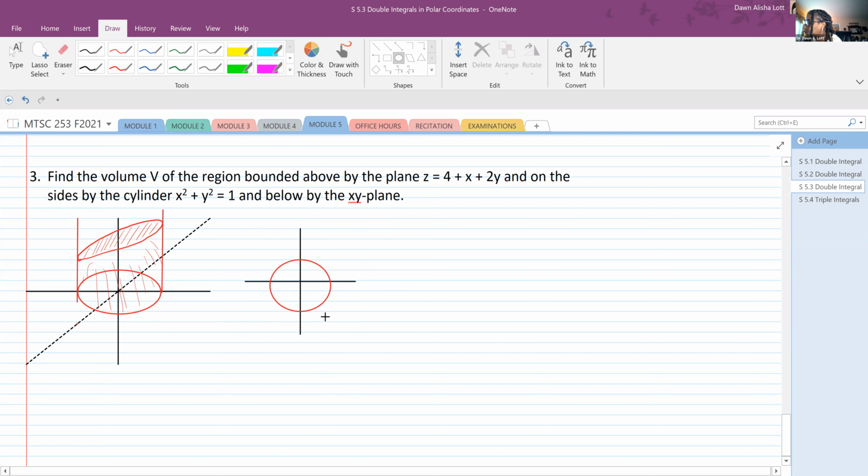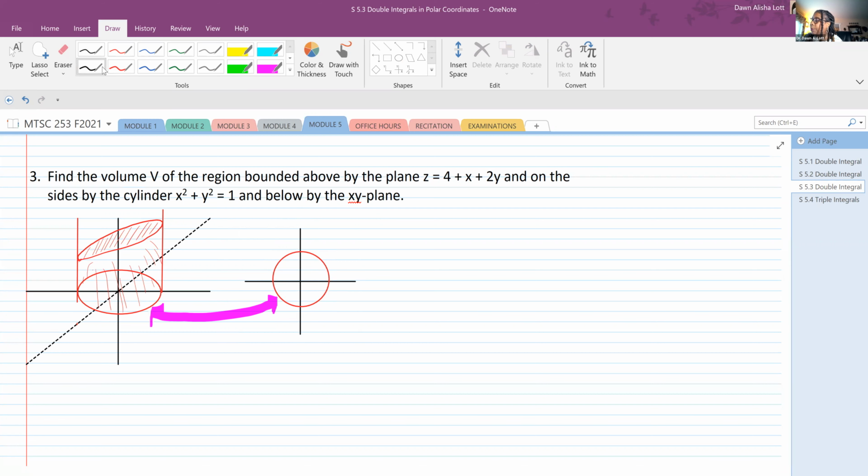I'm being bounded by this circle. So in the XY plane, I can see that R goes from 0 to 1.